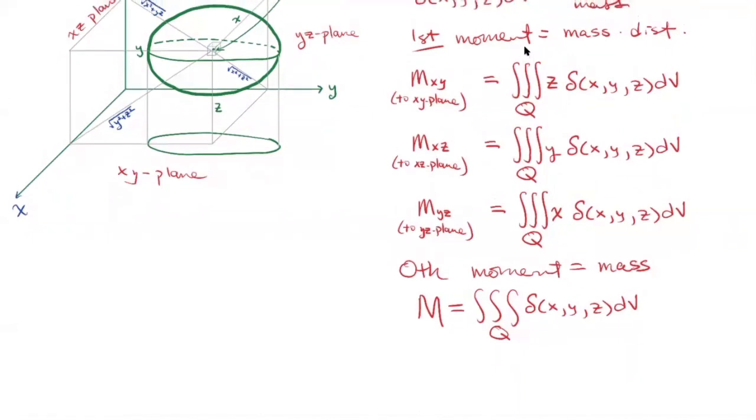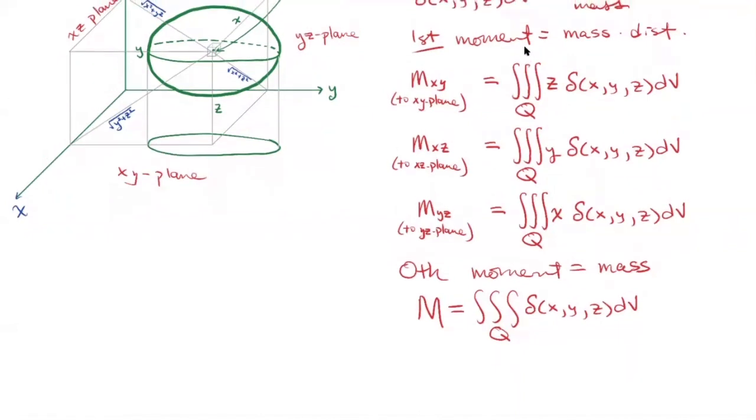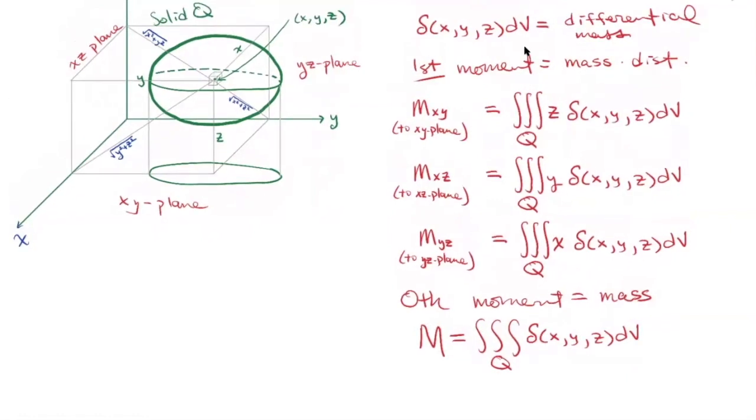Okay, so the 0th moment is mass. And so then we do center of mass. So x bar, y bar, z bar is the coordinate of the center of mass, which is super important in physics.